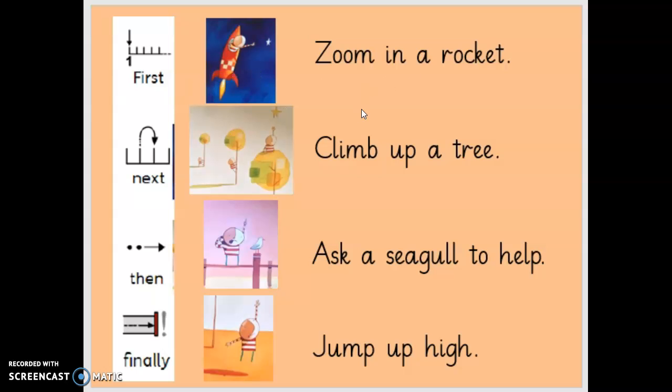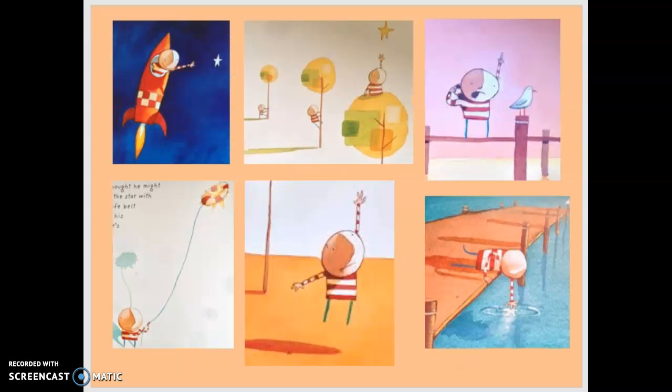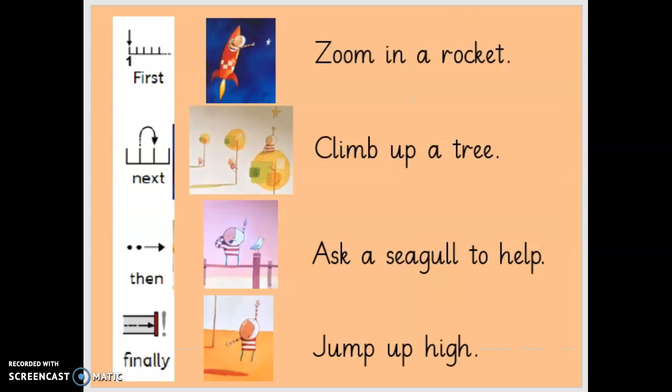So what are you going to do first? You might choose to use one of the ideas that the boy did, or you might use your imagination to think of your own idea. So think about what you could use to catch a star, or think about where you will go, or who you could ask for help.